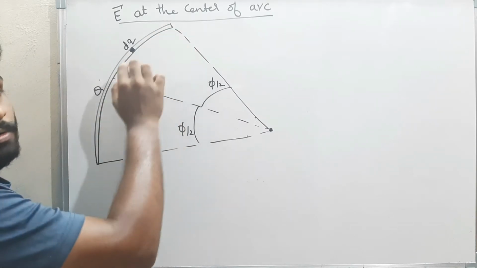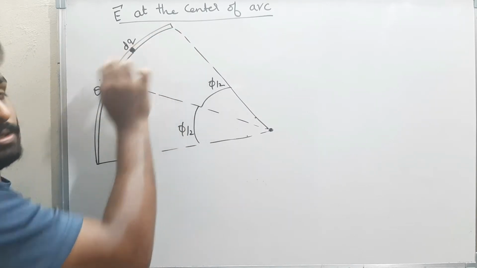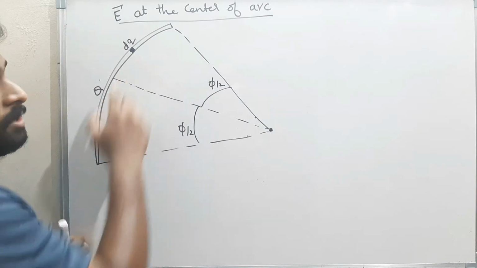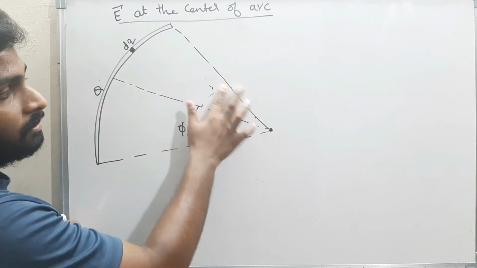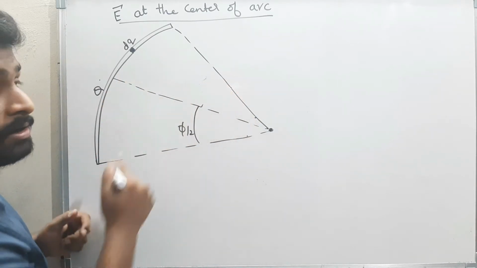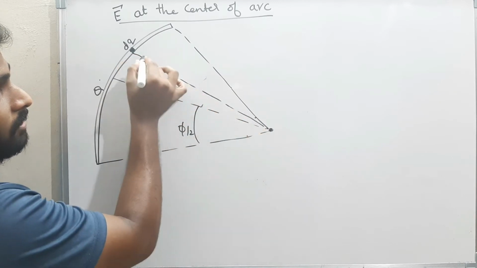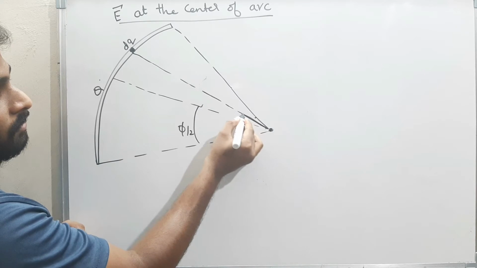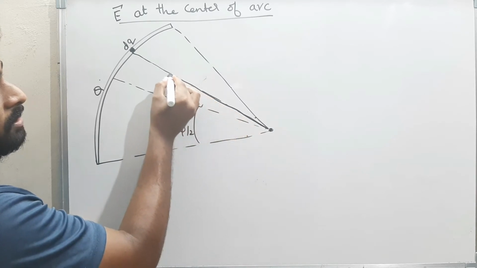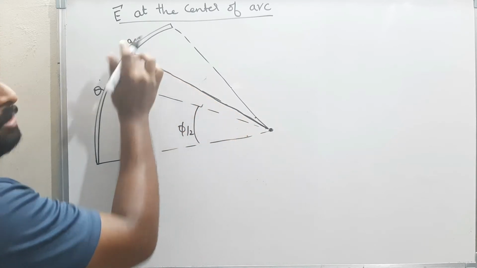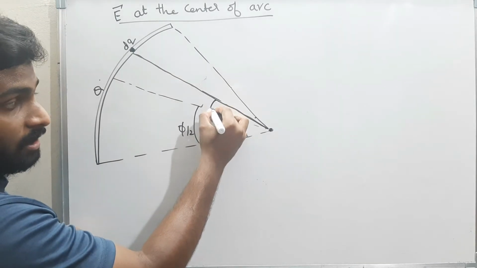The whole charge is q, but in a small component the charge is dq. I am assuming this component is at an angle theta from the center.